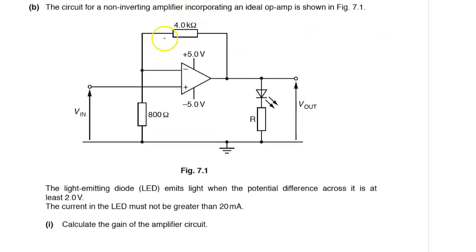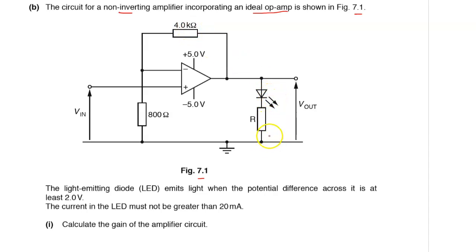Part B. The circuit for a non-inverting amplifier incorporating an ideal op amp is shown in Fig 7.1. You can see the op amp is that. It's powered by a voltage of 5 volts. Of course, it has a resistance there of 4 kilo ohms.